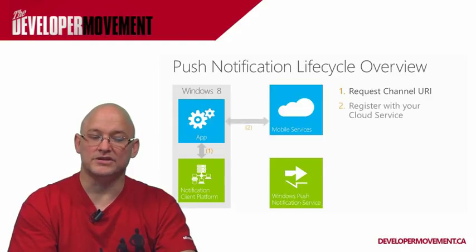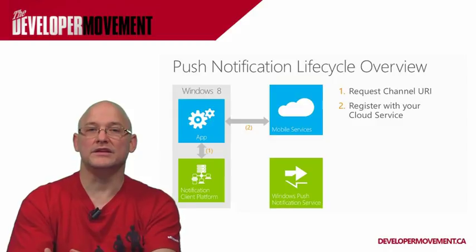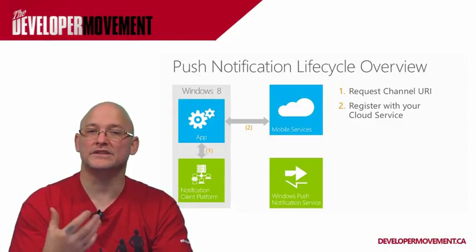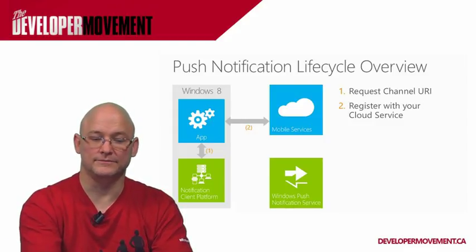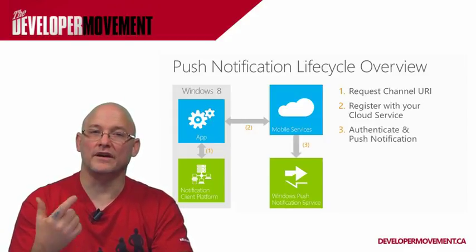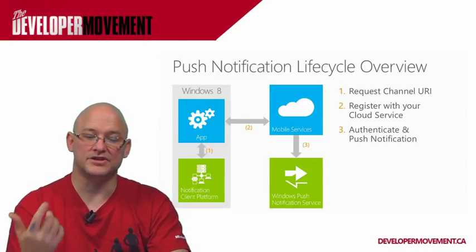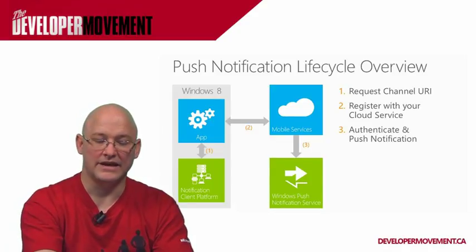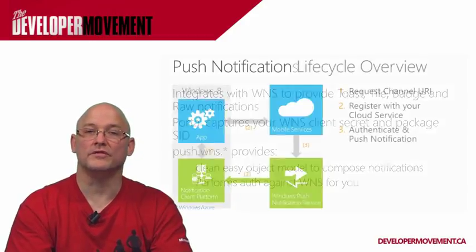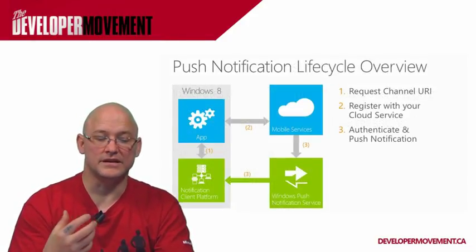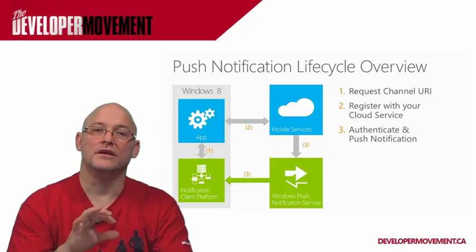Then what it does is register with your cloud service once it's received that channel URI to say, okay, here's the information, this is who I am to the push notification service, send me the information to this ID. Then once it's authenticated and set up the push notification and verifies that the channel is correct and that everything else is correct, it's set up to then allow to notify through push notification. So it makes a really nice, easy cycle of getting the information to the user cleanly and effectively.